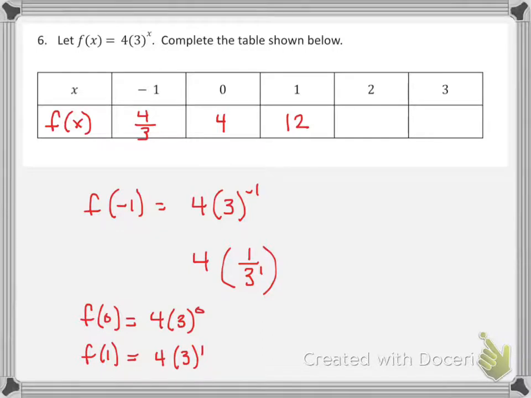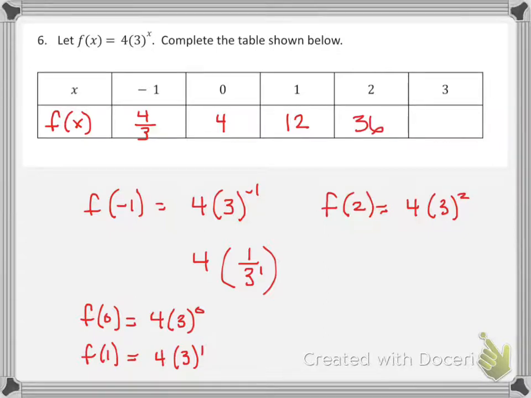And maybe you could see a pattern emerging. Looks like we're multiplying by 3 every time. We can just keep checking to be sure, right? So f of 2 is equal to 4 times 3 squared. 3 squared is 9. 9 times 4 is 36.